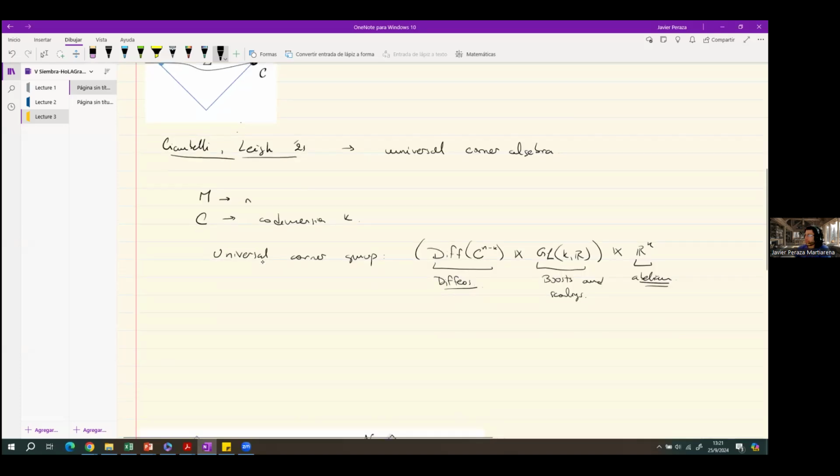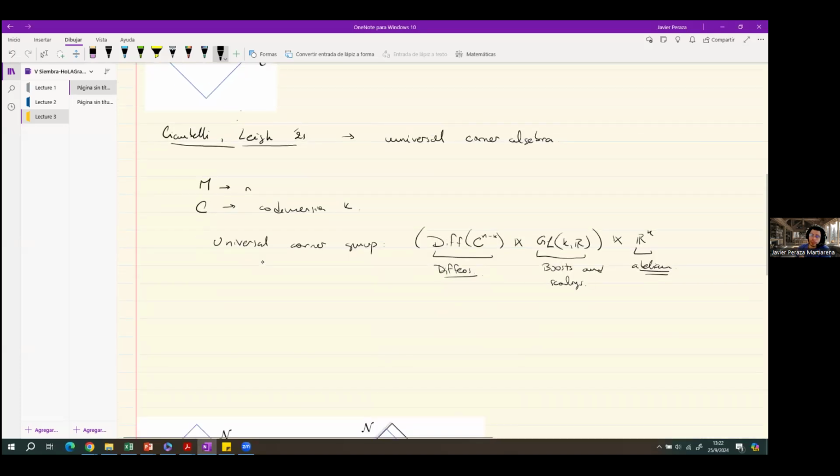In our particular case, we are interested in 4 dimensions, so we will have 4 for n and 2 for k. So what we are going to have is the diffeomorphisms of a sphere times GL(2,R) times R^2. So these are the diffeomorphisms that preserve the corner structure.